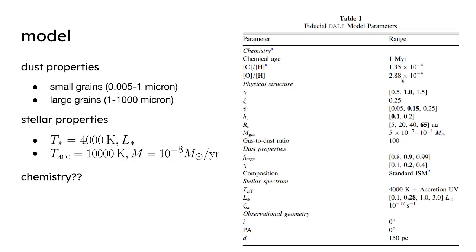So they first run several models with different M gas, but these values that are in bold, and then they also run some models with different values from these brackets to basically test how robust their results are against changes of the parameters.